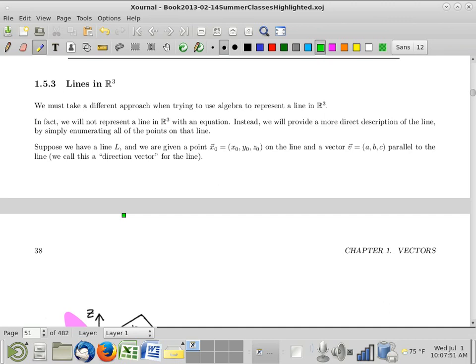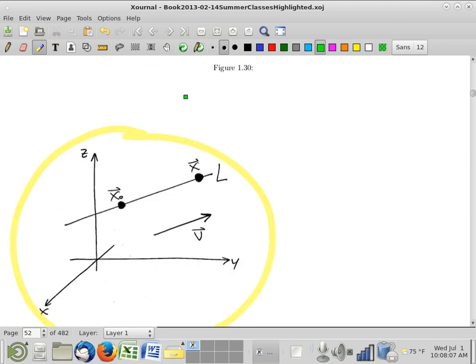And that's, in some sense, why there was that analogy. Here, we have something of one dimension in a three-dimensional world. This is different.